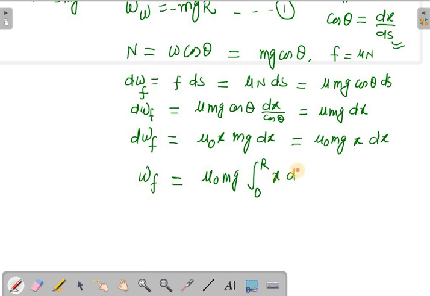W_f will be equal to mu naught times mg into x square by 2, taking the limit 0 to r.